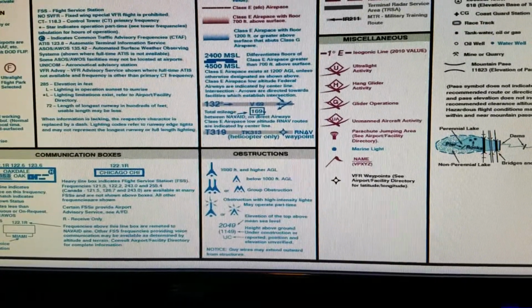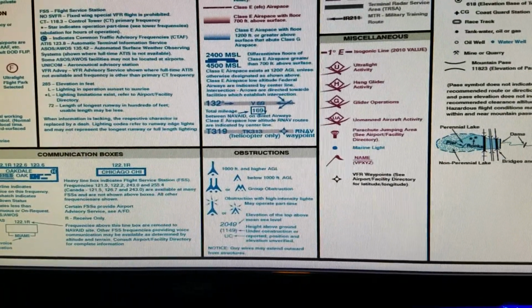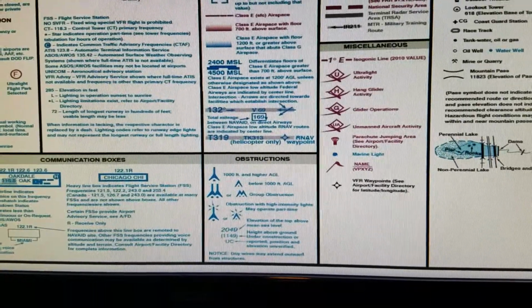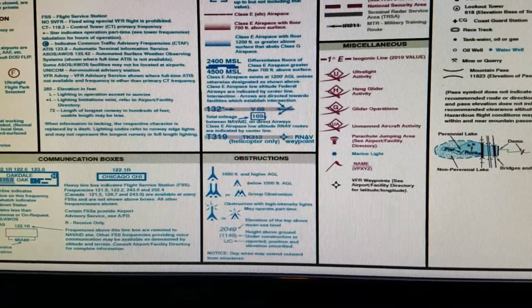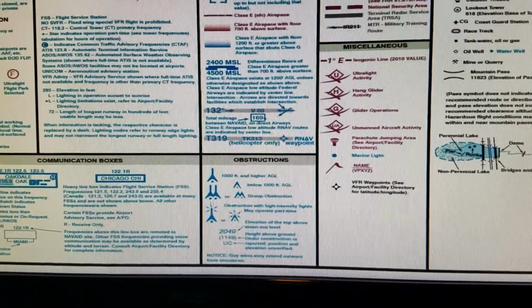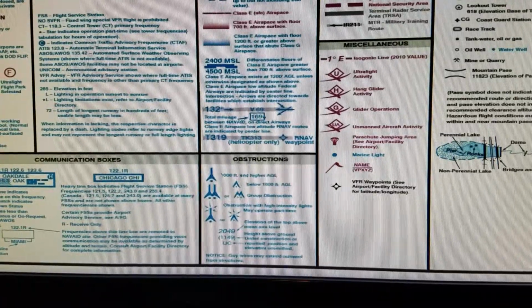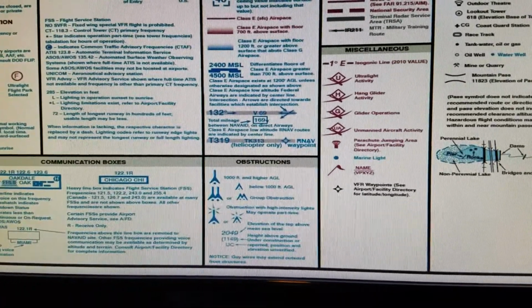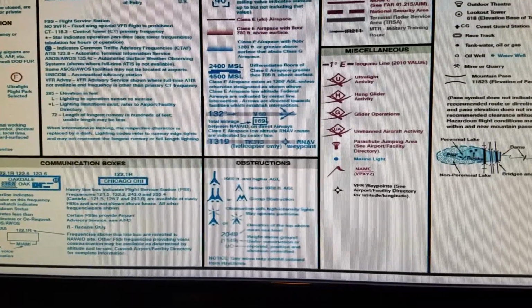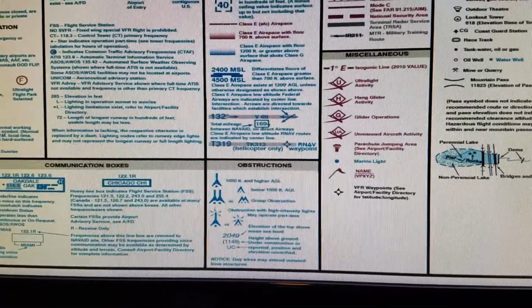Think of it this way: you mainly deal with two colors on these charts. You have the thick blue line for class B airspace marking and the thick magenta line for class C airspace marking, and then Mode C for that also gives the FAA code number over there.